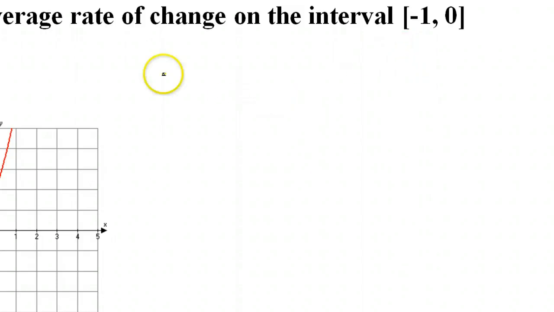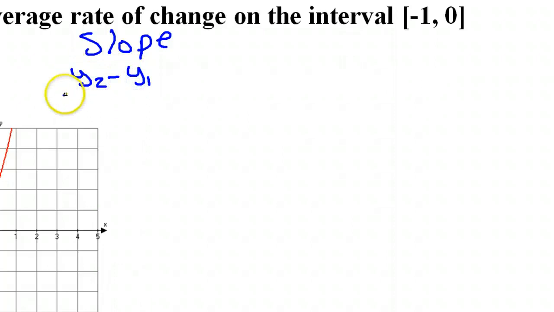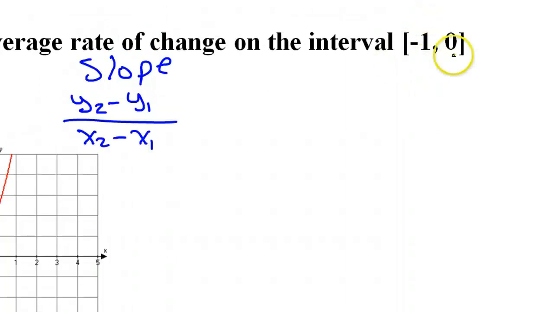Now, rate of change is just the slope. Rate of change is just slope. That's why when we do rate of change, we use the slope formula, which is y2 minus y1 over x2 minus x1. Now, please understand that when they give us the interval, these are x values. They're giving us x1 and x2.